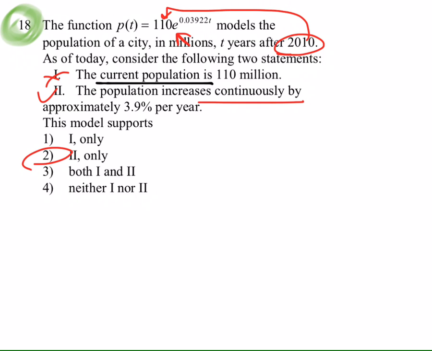That means we can use what? E as our formula. A equals P times e to the rt power. Some people call it A equals PERT. Same idea here. So the second one is true. So the second one only, choice 2 becomes our answer.